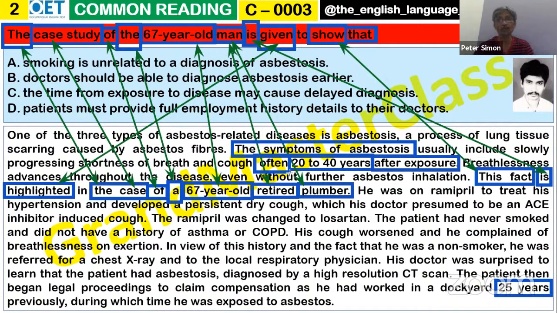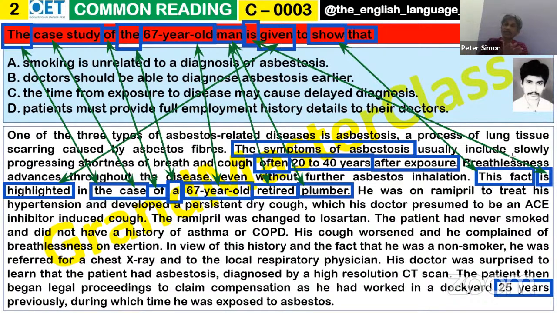Now try to understand this one very clearly. So he says symptoms, after exposure. Now here, go to the last. This may be the reason why this much time is taken.